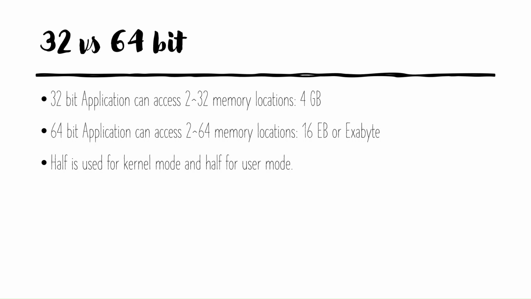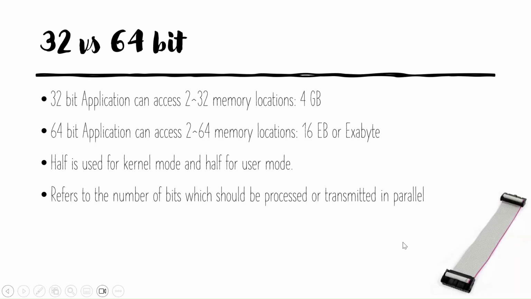The other way would work though, right? So how? This 32-bit or 64-bit refers to the number of bits which would be processed or transmitted in parallel. I know it's not super clear, right? So let me explain.